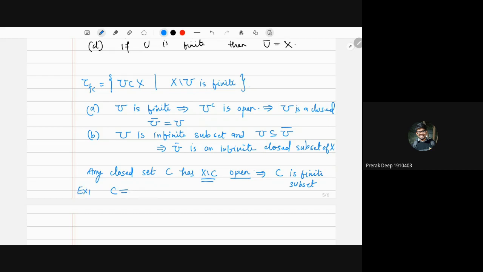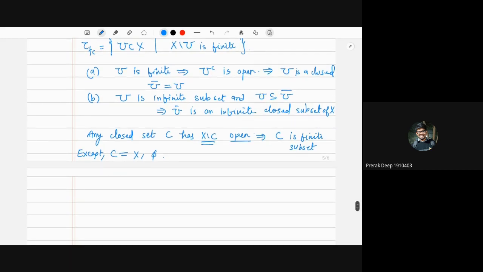Except when C is the whole space or the empty set, right? If you take any proper subset which is closed in this finite complement topology, it has to be a finite set.